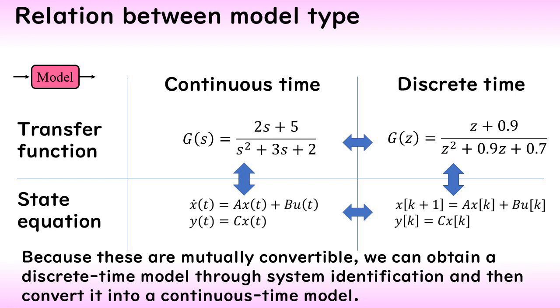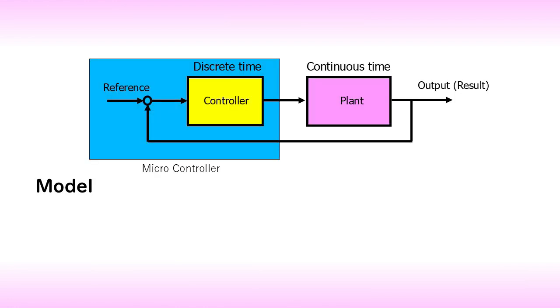We can obtain a discrete time model through system identification and then convert it into a continuous time model. This slide shows an entire control system, where the plant is considered as continuous time, and the controller discrete time expression is used.